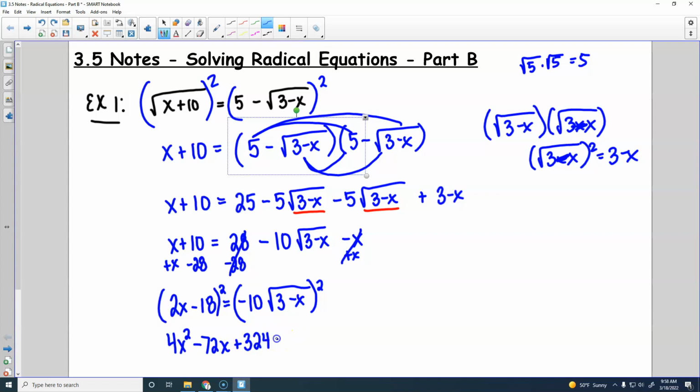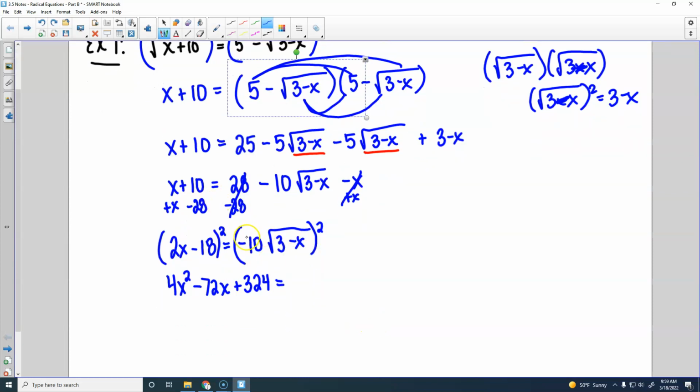I won't give you one of these without a calculator, not this big of numbers anyway. And then when I square this, I got to square that negative 10, which is going to be 100. And I got to square the square root, which will cancel the square root. So I'll have 3 minus x, but make sure you put that in parentheses, because that 100 is going to have to be distributed to it.